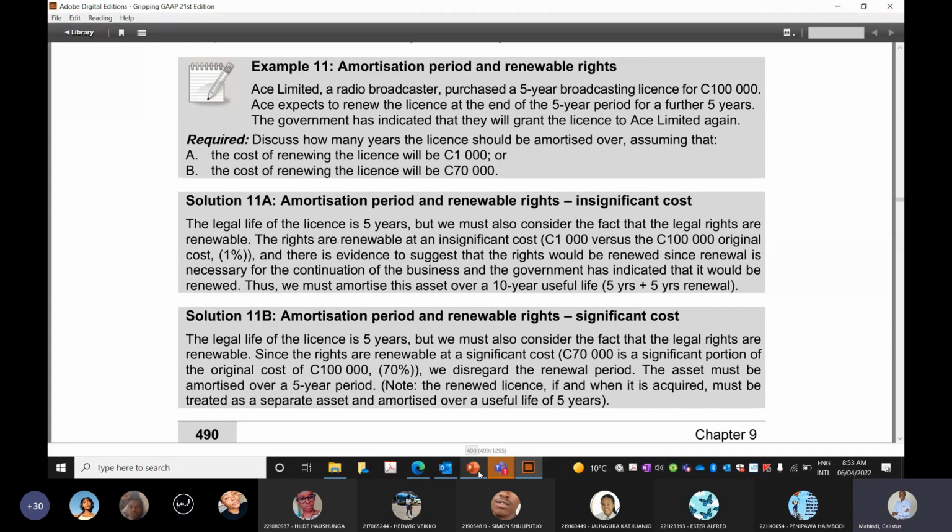Or maybe I should put it this way. With the broadcast license, we've paid 100,000. What about the additional 1,000 that is there? It should be capitalized to the initial cost. But have you incurred it yet?